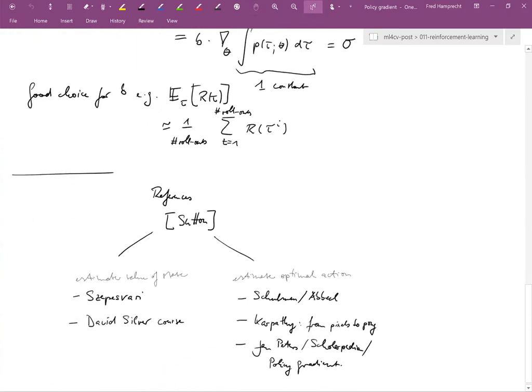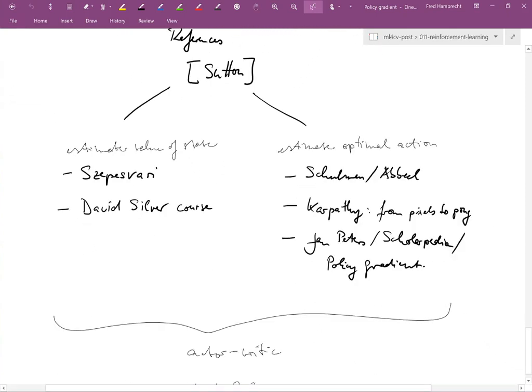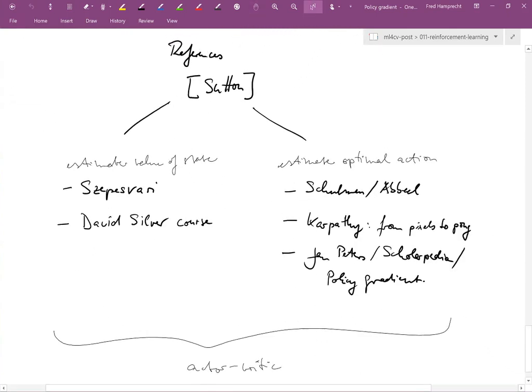Okay, so big picture and references. We have today talked about strategies with and without using the gradient to estimate the optimal policy. And there are a couple of video lectures, for example, by Schulman and Abbeel about this. If you want to read one single thing about reinforcement learning at all, then I would recommend the blog from Karpathy.